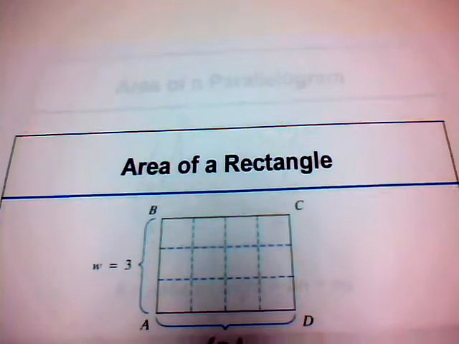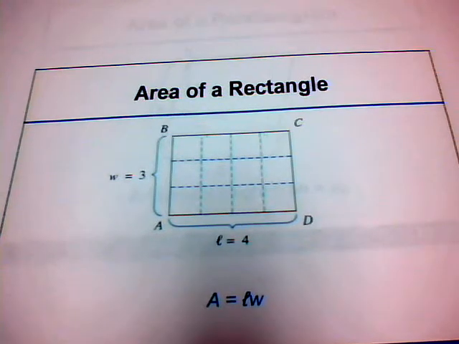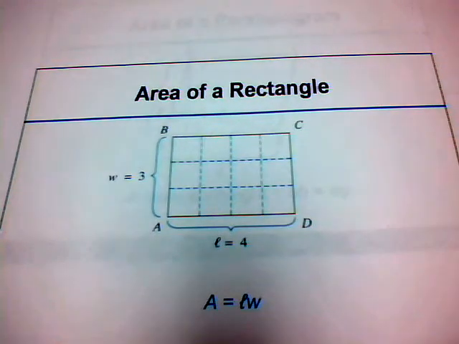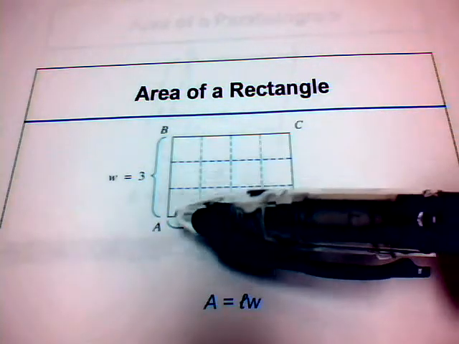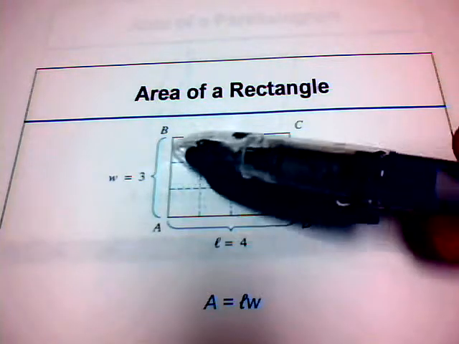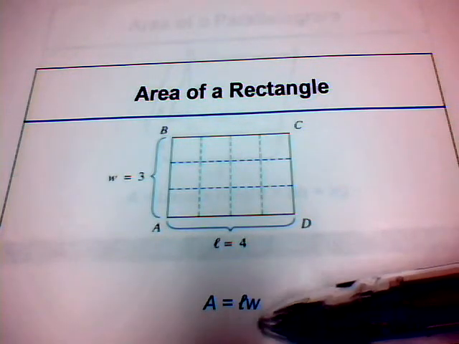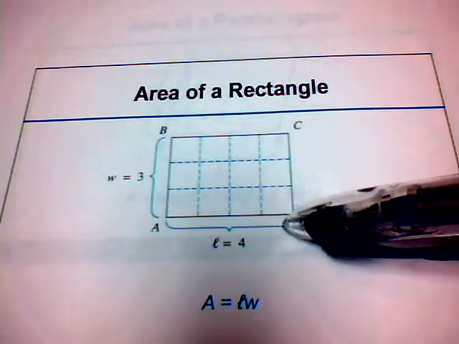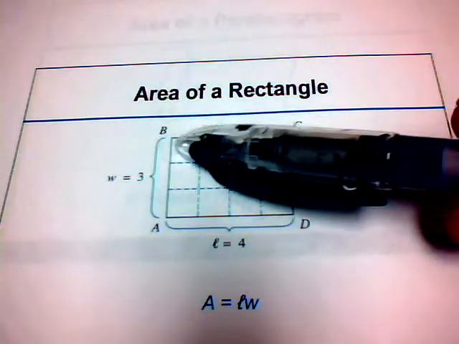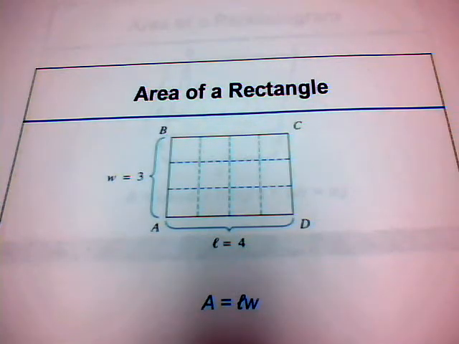Okay, now we'll look at some of the areas of these geometric figures here, or two-dimensional figures, as I should say. The area of a rectangle. Each rectangle has a length and a width. So to find the area, we just simply multiply length times width. So if this length is 4 and this width is 3, we multiply 4 times 3, you're going to get 12 square units.